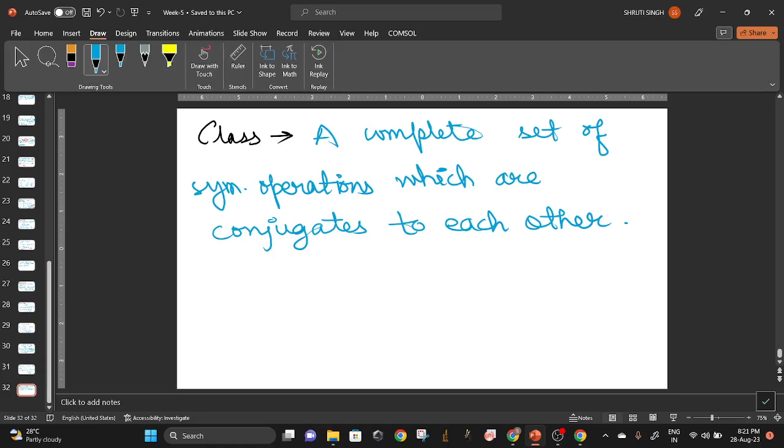One was E itself, the other was A, B, and C, and the third was D and F. If we do any similarity transformation on A, B, or C, we will get A, B, or C itself. We cannot get D or F. That's why it is called a complete set of symmetry operations which are conjugate to each other.